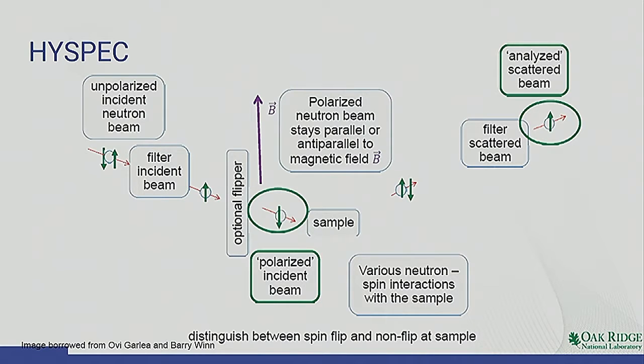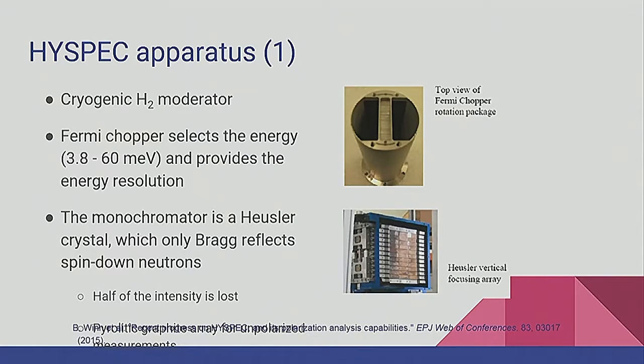So HighSpec uses cold neutrons, so there's a cryogenic H2 moderator. The Fermi chopper selects the incident energy, and it provides the energy resolution. The monochromator that we used is a Heusler crystal, which only Bragg reflects spin-down neutrons. And because of this, half of the intensity is lost.